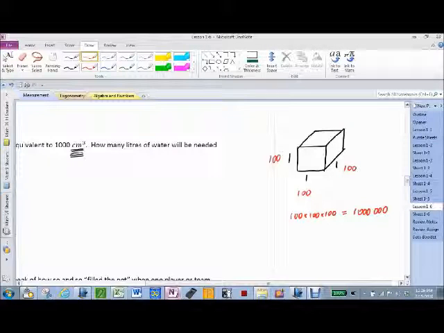So what does that tell us? 1 meter, a straight line, we just multiply by 100, don't we? But if we're cubing, we have to multiply by what? 1,000,000. Okay?